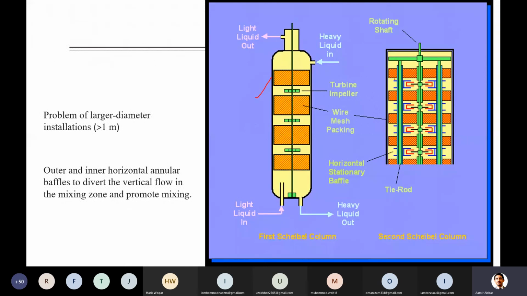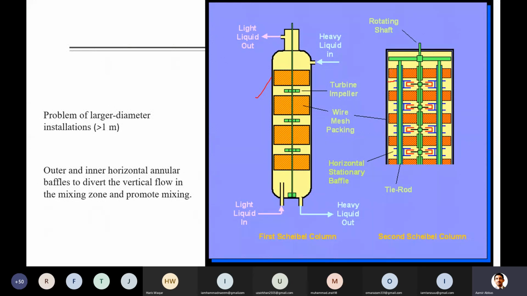Outer, as you can see in this diagram, means on the outside of the tie rods. In some equipment the baffles are partial, and in some they are full. In the next diagram I will show you that sometimes the baffles are complete, extended up to the wall.